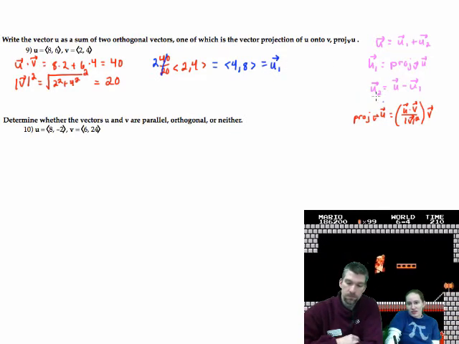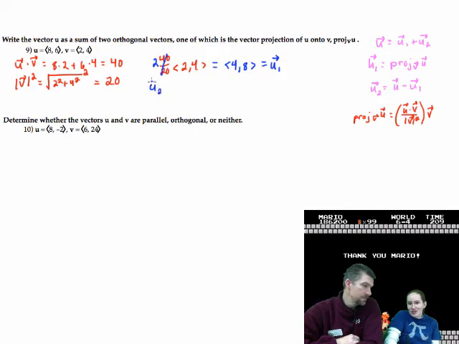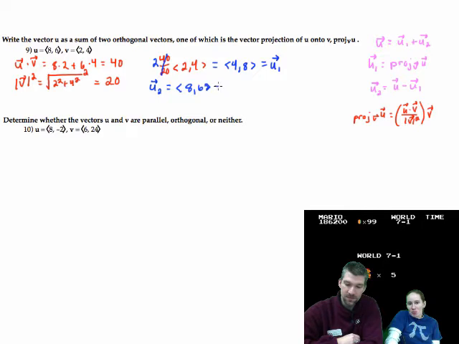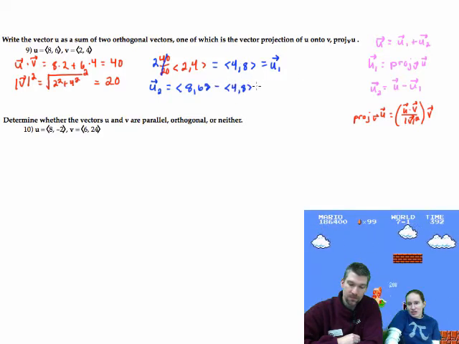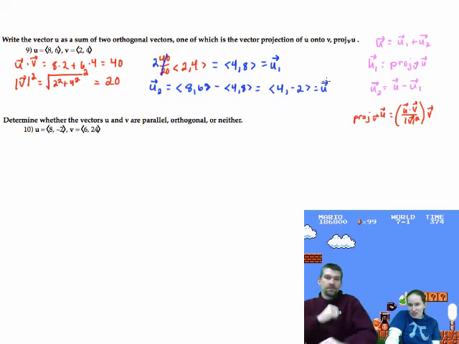So now we need to find the second piece, u2. To find that, take what u originally is, 8, 6, minus what we just found, 4, 8. And that gives us 4, -2, which is u2.